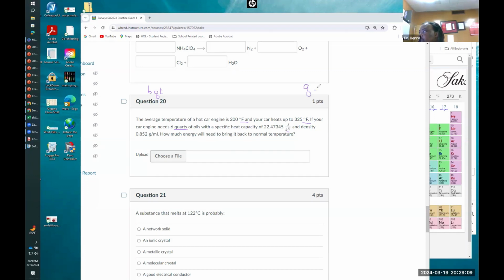Q is equal to mass times the heat capacity times the change in temperature, or like I like to say, MCAT. Okay, so we need to figure out the change in temperature, but because this is our specific heat capacity, we need to convert these into Kelvin. So the first thing we want to do is convert to Kelvin. If I remember correctly, 325 degrees from my question that I did before, I think it was 436 degrees Kelvin.